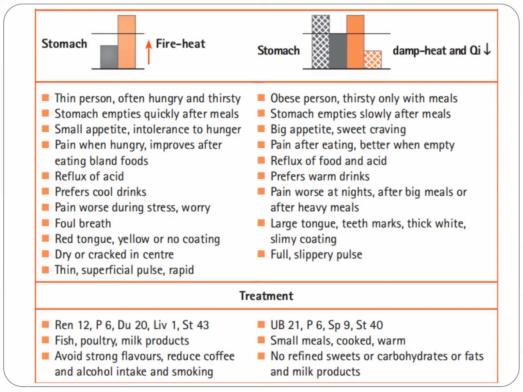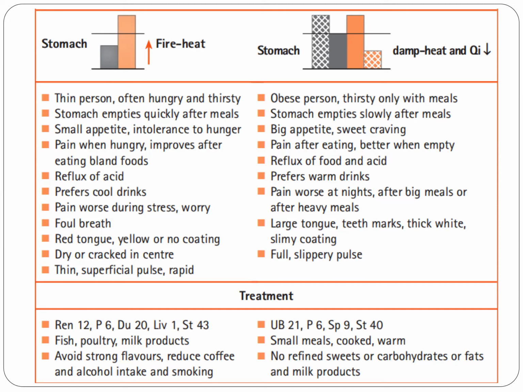Then we have also stomach damp heat and stomach chi deficiency. Manifestations are obese person, thirsty only with meals, stomach empties slowly after meals, big appetite, and has sweet craving. Pain after eating, better when empty.